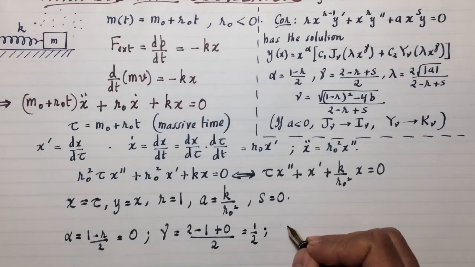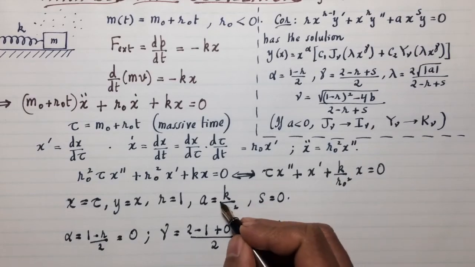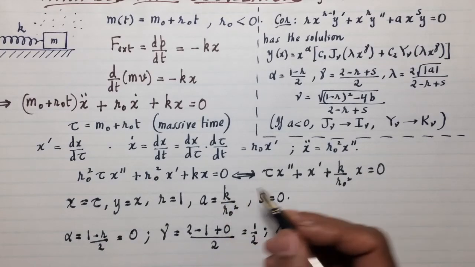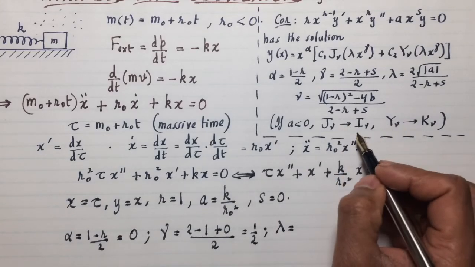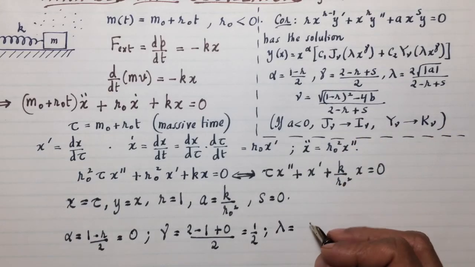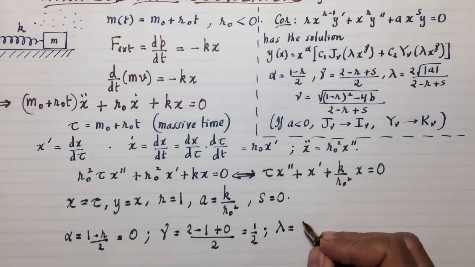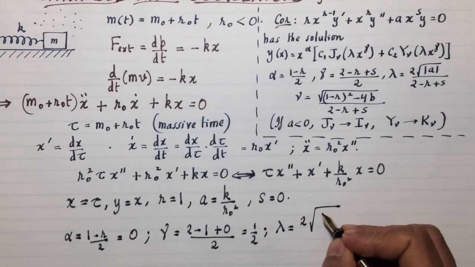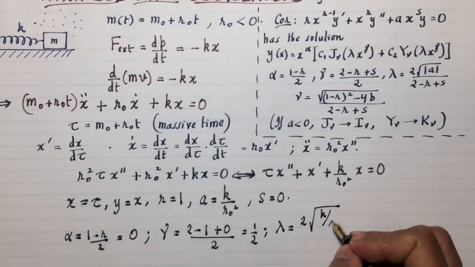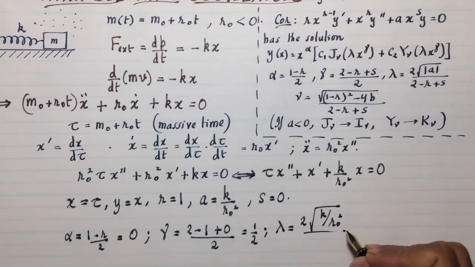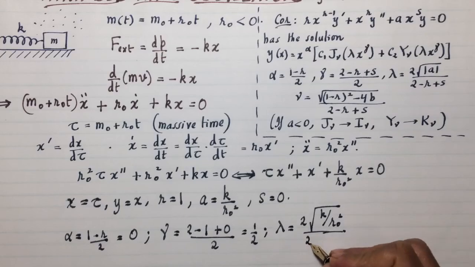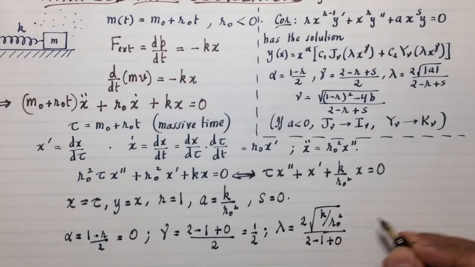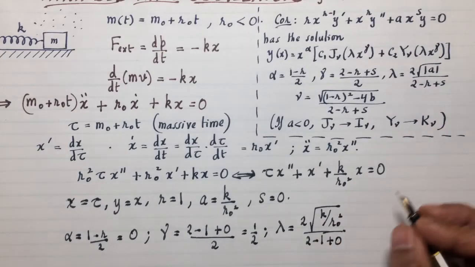Next, we have to find out what lambda is. Observe that a is bigger than 0, so we are looking at j's and y's and not i's and k's. So that's a little relief. So I get 2 times the absolute value of a, which is just k over r naught squared, divided by 2 minus 1 plus 0, because r is 1 and s is 0.